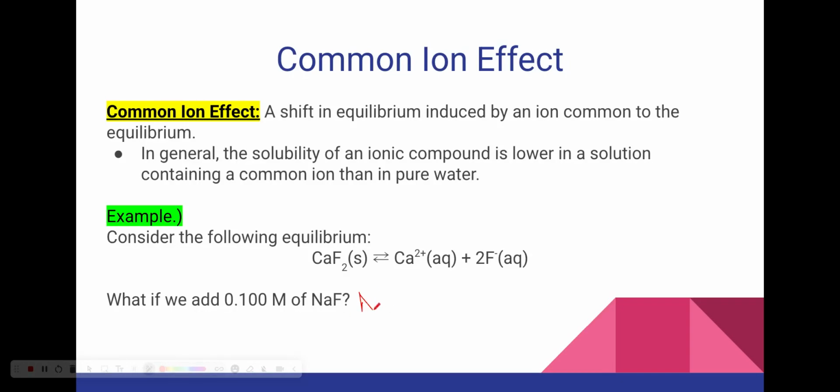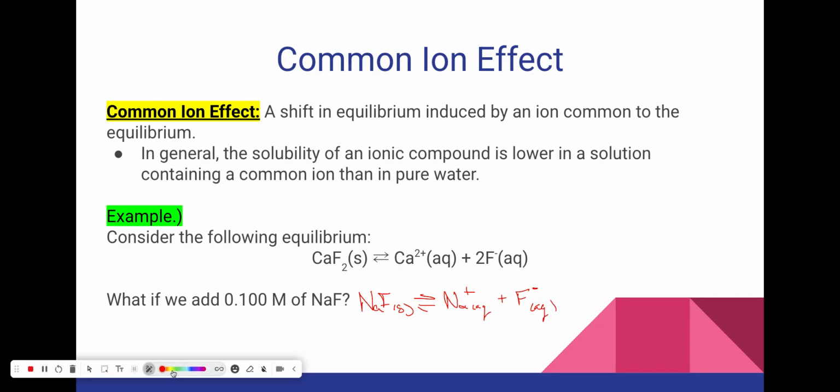If we were to show the dissolution of sodium fluoride, we would end up with something like this. And as you can see, I now have a common ion in this solution. That means I have fluoride here and I have fluoride over here. And because I'm adding 0.1 molar of sodium fluoride, I have now increased the concentration of fluoride.